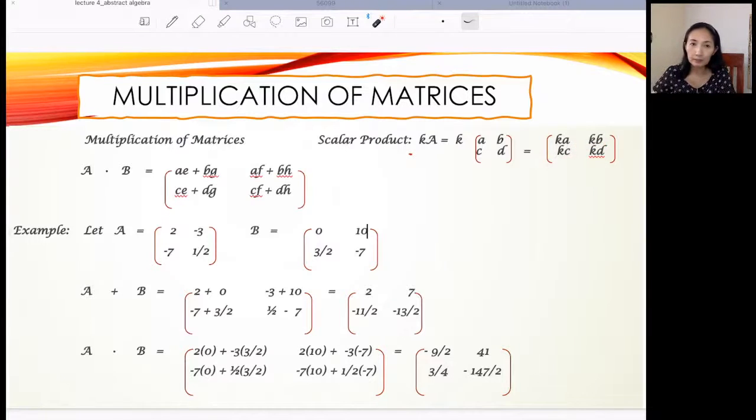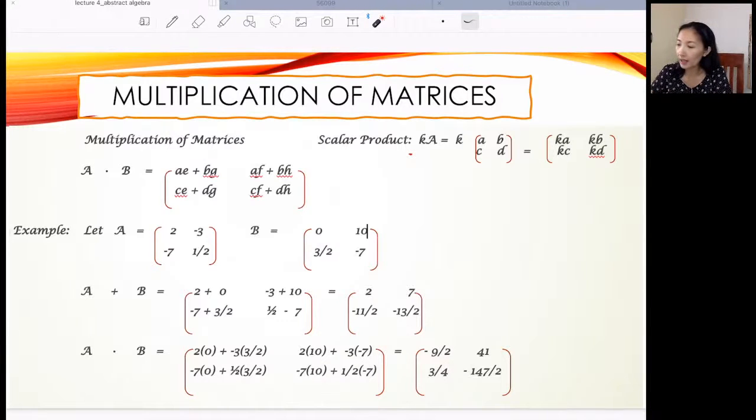Okay? Now, we move on to multiplying 2 by 2 matrices. Now, addition with respect to the set of 2 by 2 matrices is simply adding corresponding entries. Is that the same with multiplication? How do we multiply 2 by 2 matrices?